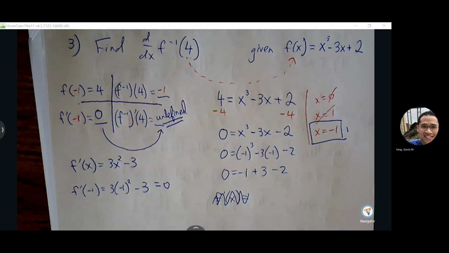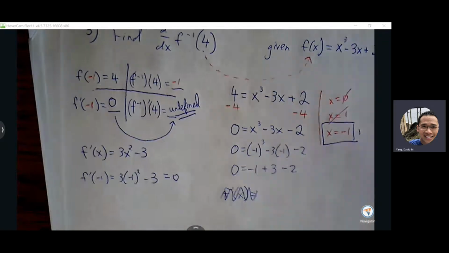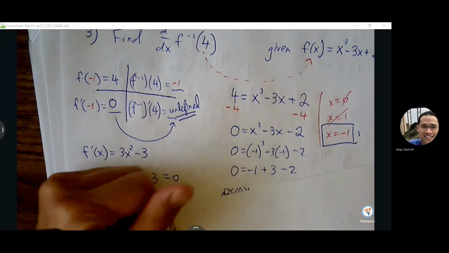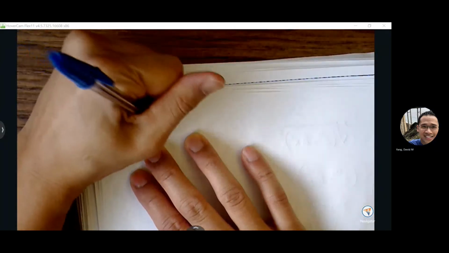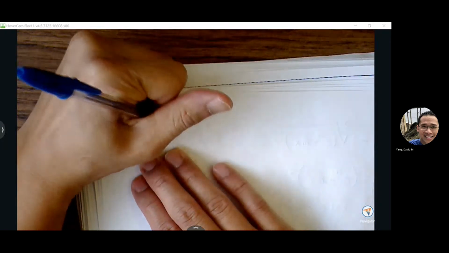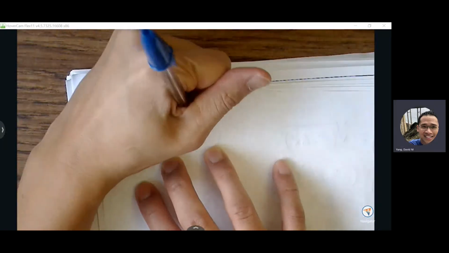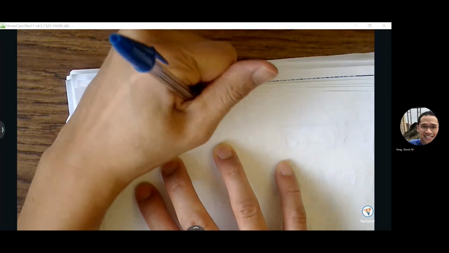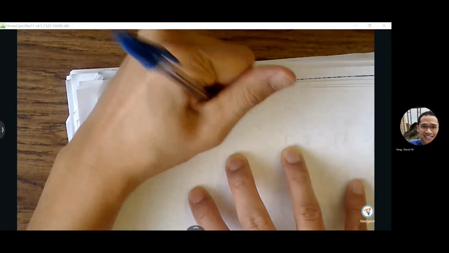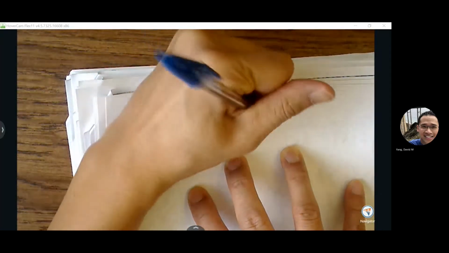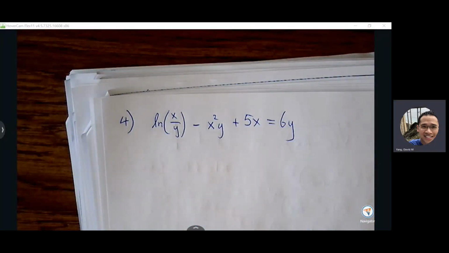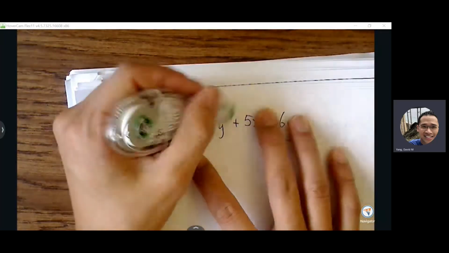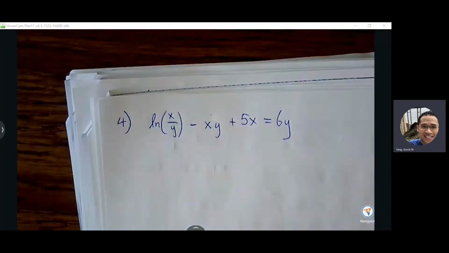Okay. All right, let's do an implicit problem here, number 4. Let me change this. Minus x y squared.